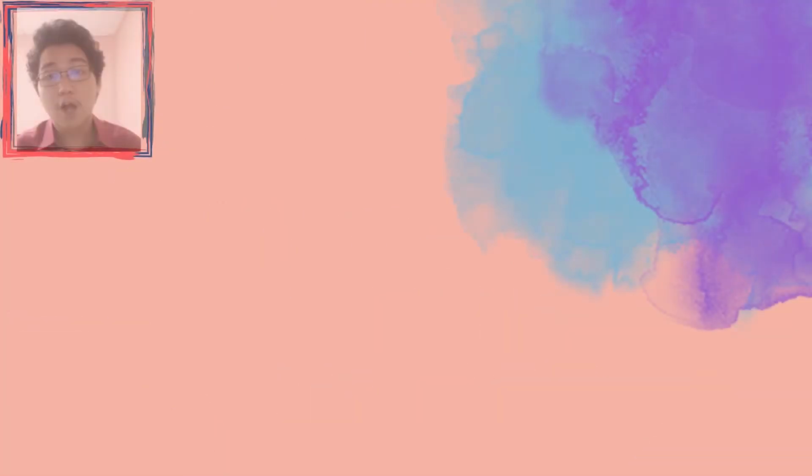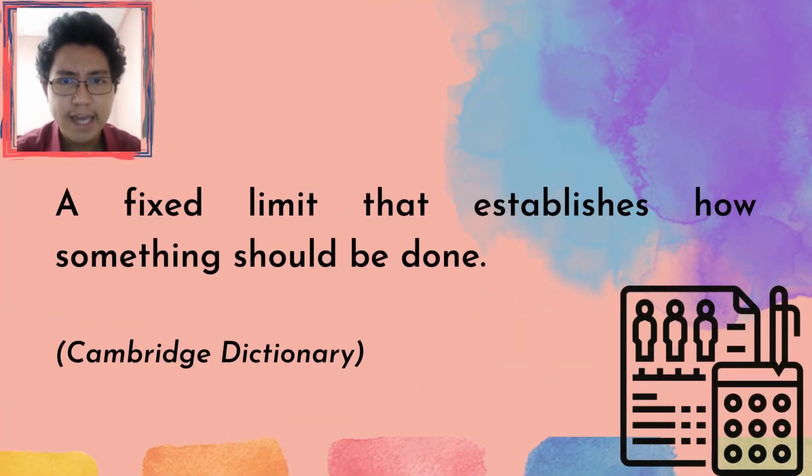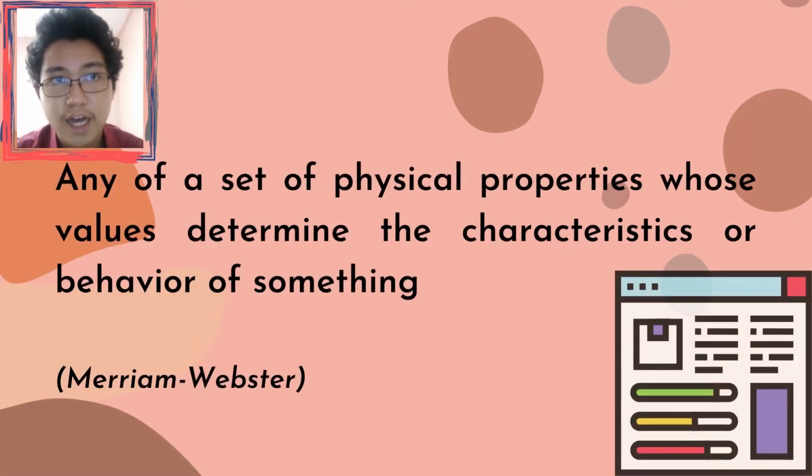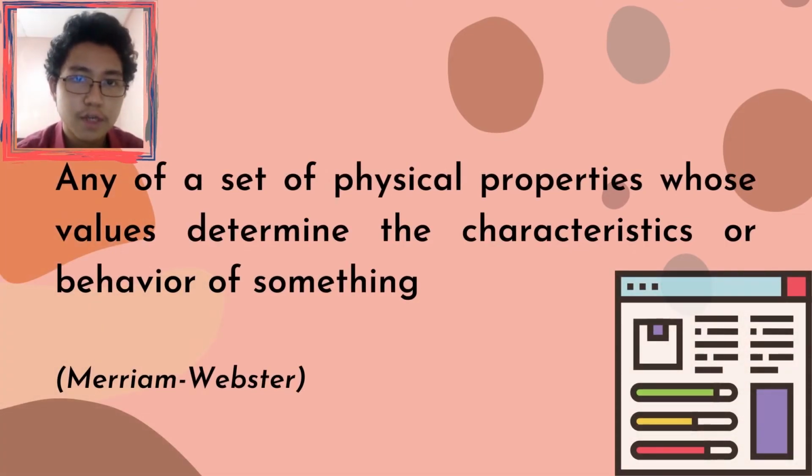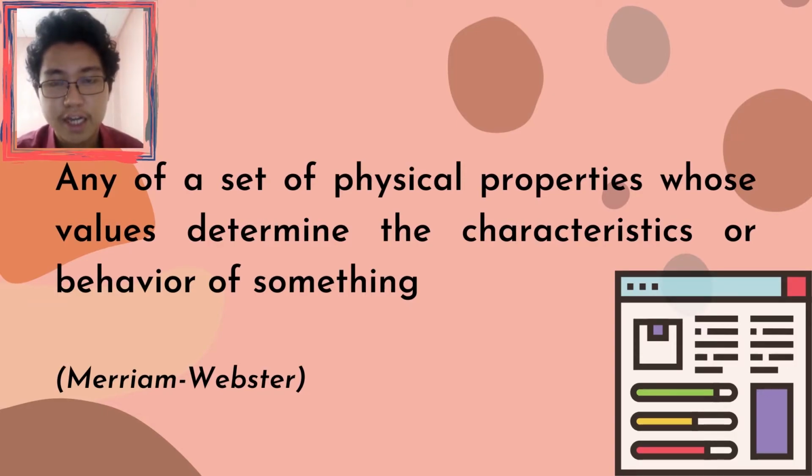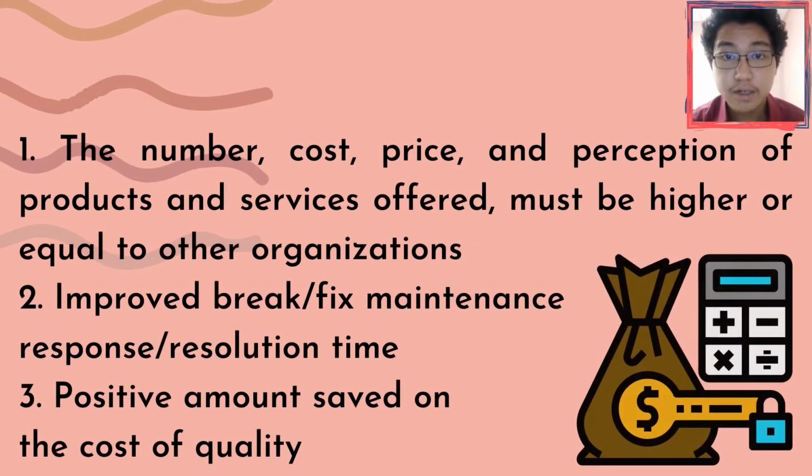According to the Cambridge dictionary, parameters are values that determine the characteristics or behavior of something. In our case, we can define parameters as a measurable property that helps us define where we are in terms of our goals. Our parameters for today comes from the paper of Epstein and Rich, 2005.